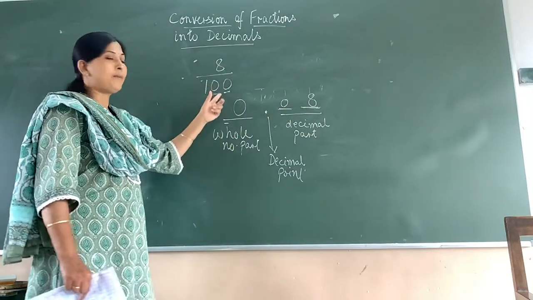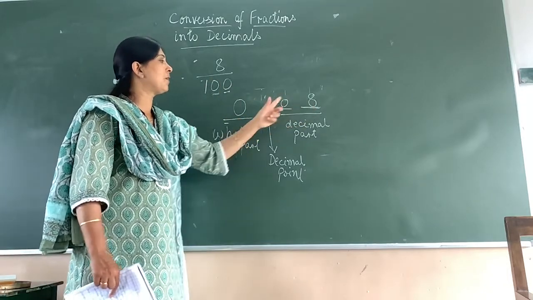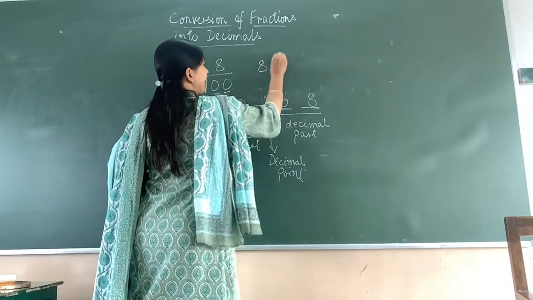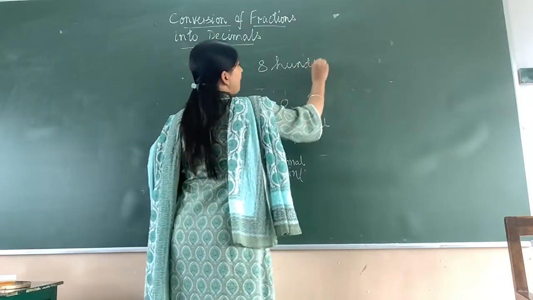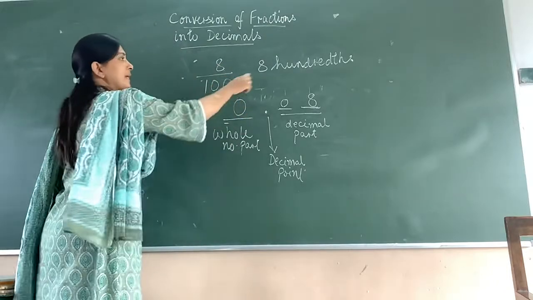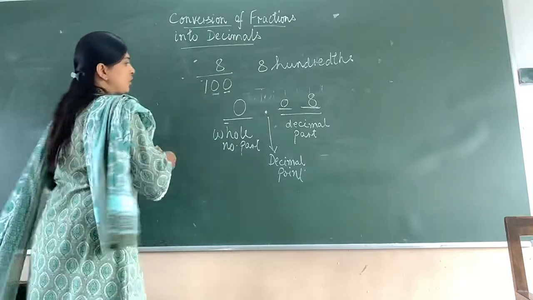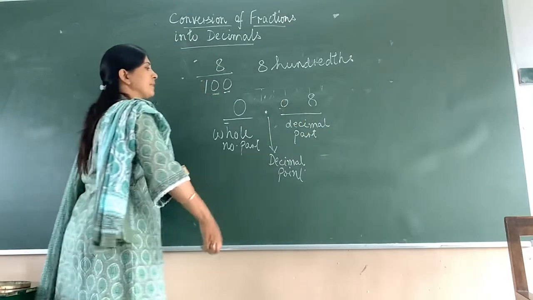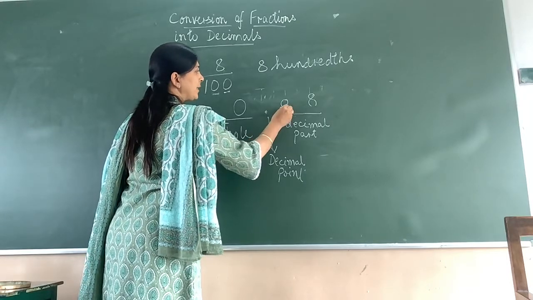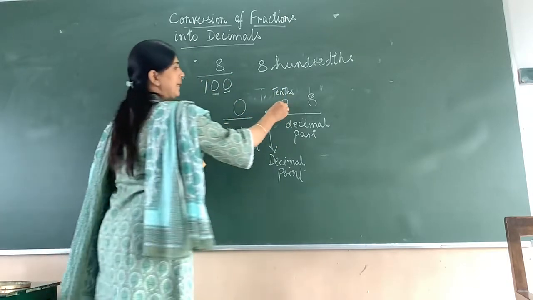What does 8 over 100 mean? 8 hundredths. Now you will think, why did I write 8 here and why didn't I write it here? Now see, 8 upon 100 means 8 hundredths. Isn't it? When I explained the place value chart, didn't I explain that the place that follows the decimal point is the tenths place?